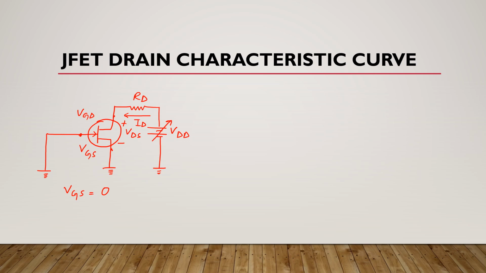Now if we draw the characteristic curve between current and voltage, we know that the variable of the y-axis is current, here it is ID, and the variable of the x-axis is voltage, which is V.